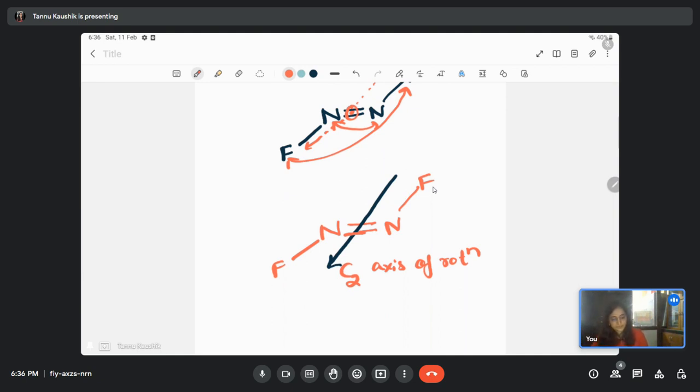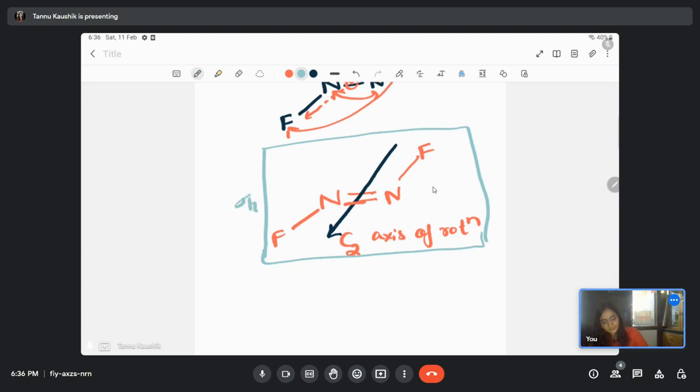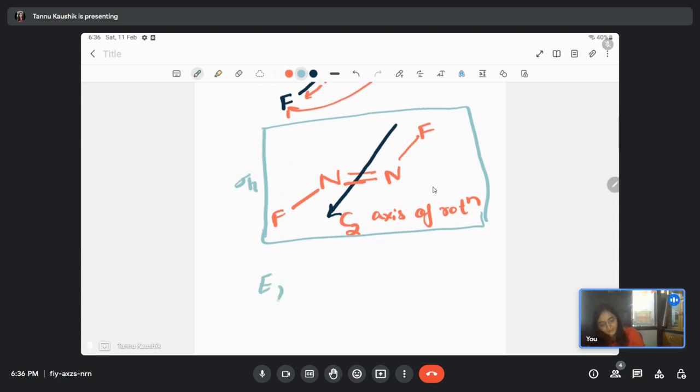Since this C2 axis is perpendicular to the plane, we have a horizontal plane here, which is the molecular plane. So here we have the identity operator, C2 axis of rotation, sigma h, and we will have the S2 operation also.